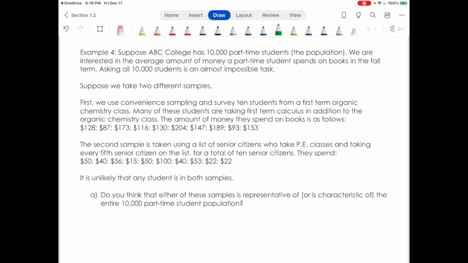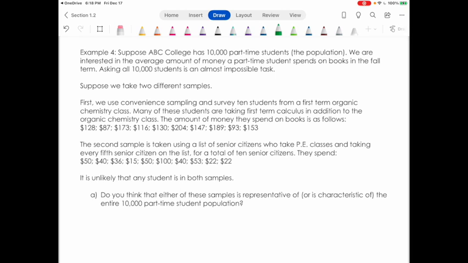For the first sample, we use convenience sampling, and we survey 10 students from the first term organic chemistry class. Many of these students are taking first term calculus in addition to organic chemistry.